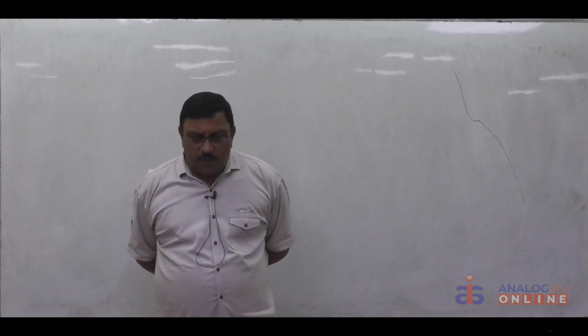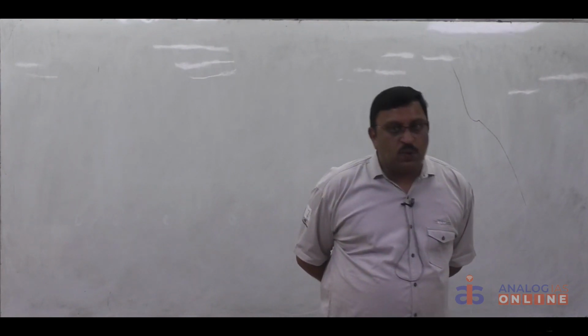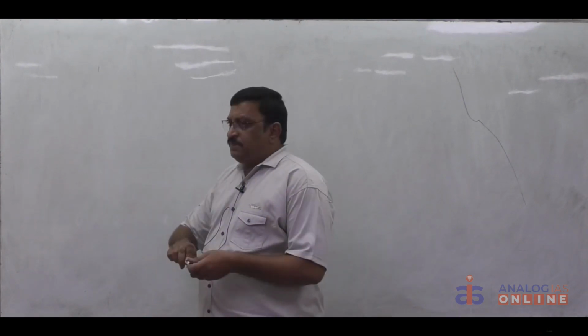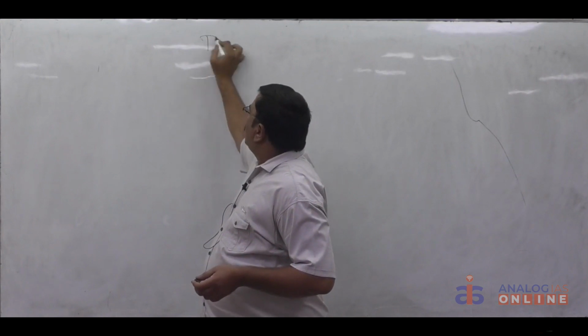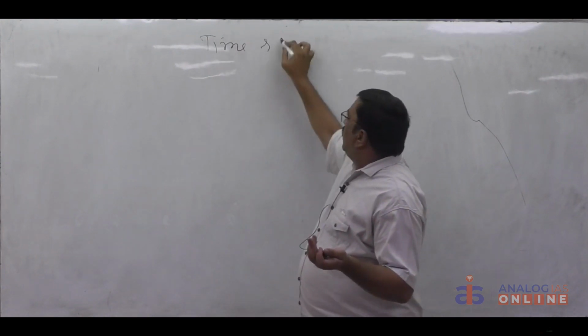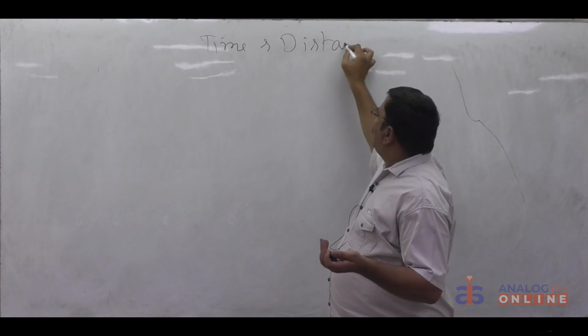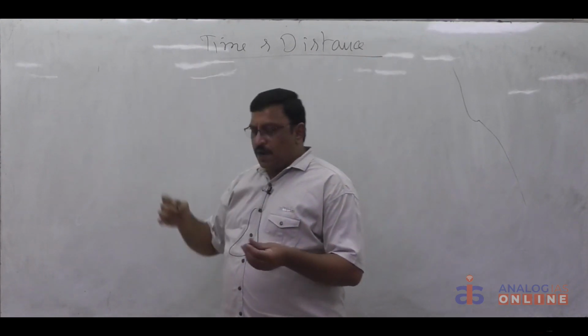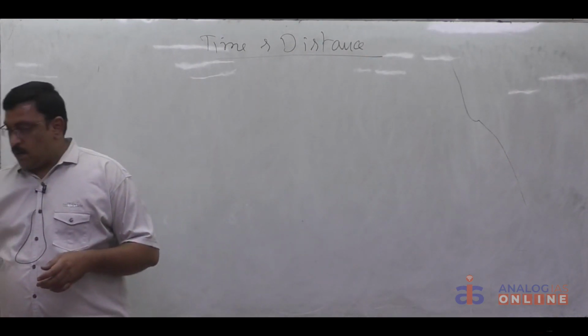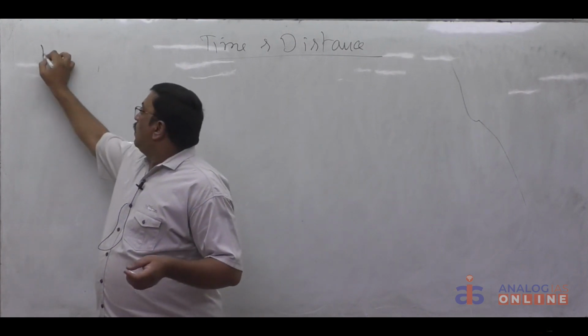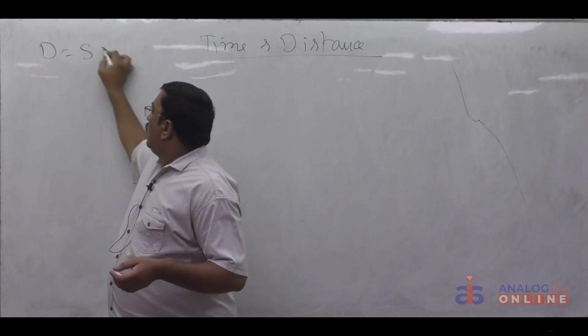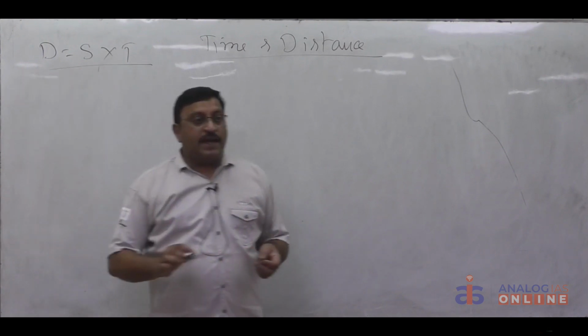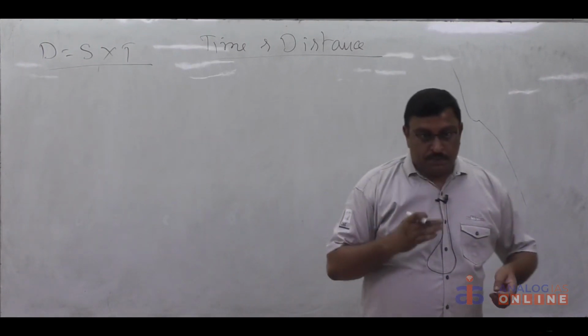Okay, let us come to our topic, that is time and distance. What is the basic formula I gave? Distance is equal to speed into time, right? Everything will be based on this. First of all, make it clear: are time and distance in direct proportion or indirect proportion? Direct.